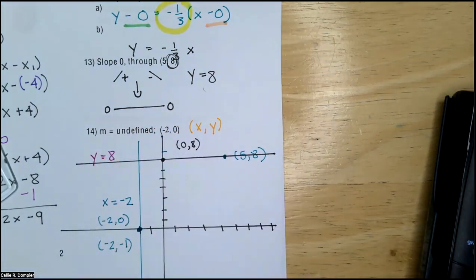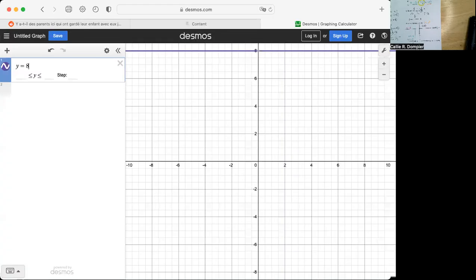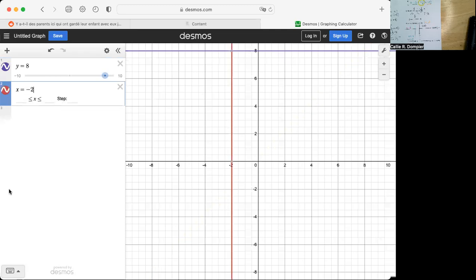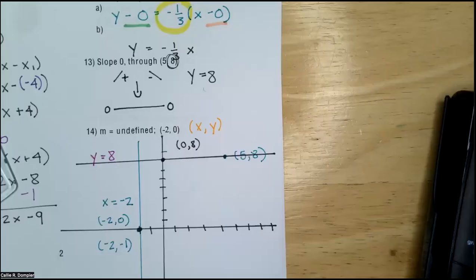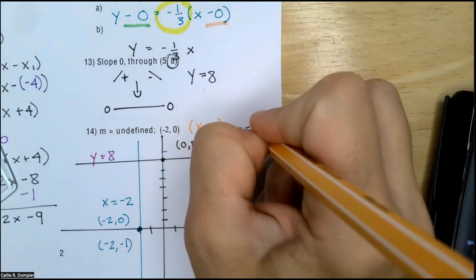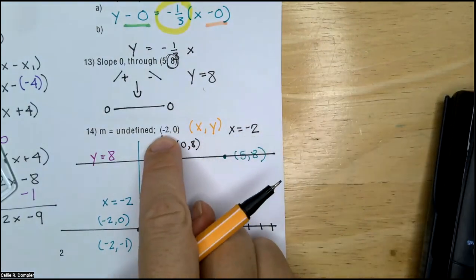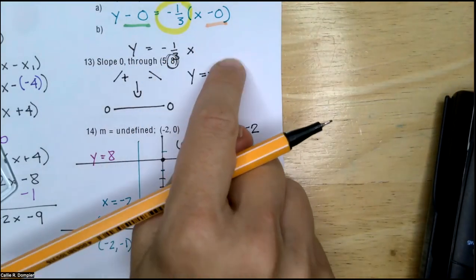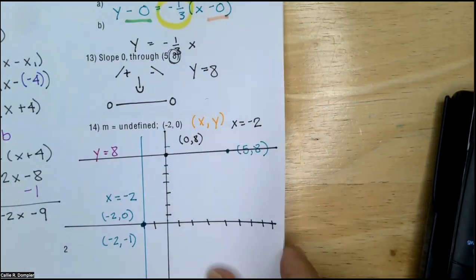The graph of x equals negative 2 is going to look like that, okay? So if your slope is undefined, x equals the x value of whatever point they give you. If your slope is 0, it's going to be the y value of whatever point they give you.